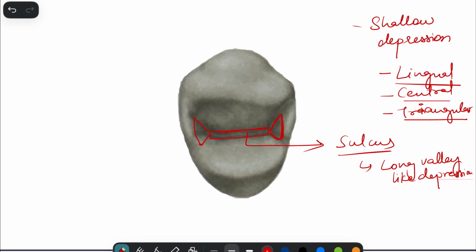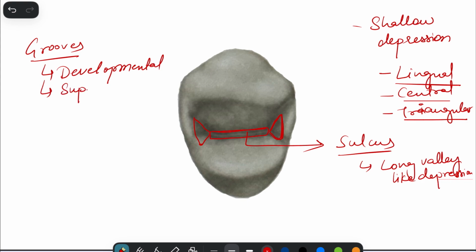Okay, now we have two types of grooves: developmental groove and supplemental groove. Okay, a developmental groove is a linear depression that marks the junction between the developmental lobes.